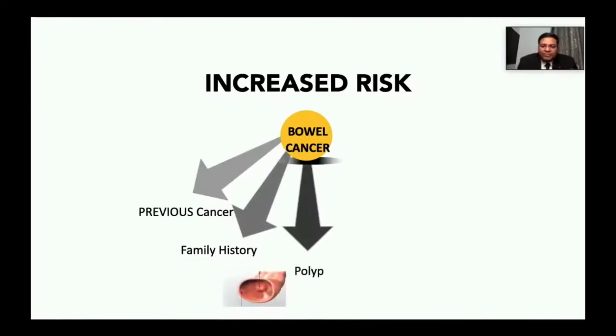Next is polyp. So polyp is basically a small protrusion inside the colon. So there is hypertrophy of the normal colonic layer. This, left untreated, can later on develop into cancer.